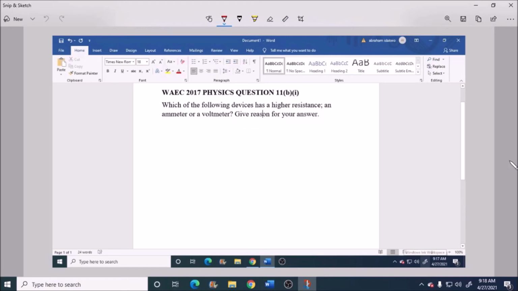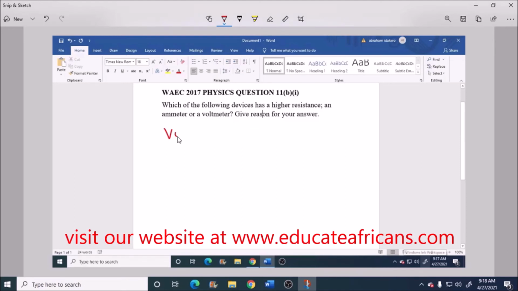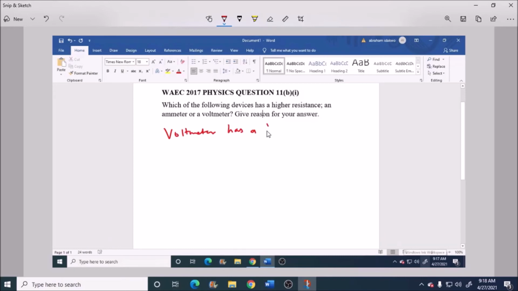So the voltmeter has a higher resistance. Reasons: because the voltmeter is connected in parallel.